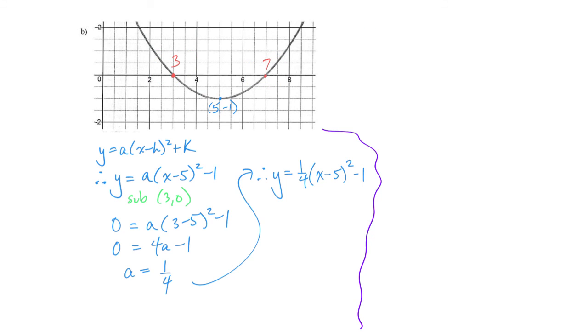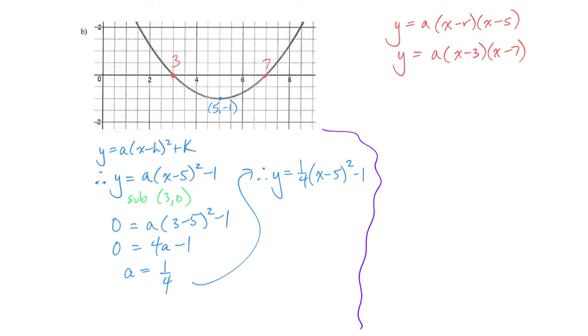Okay. What if we went the other direction? So I actually think it's just as easy to say, well, if I know both my x-intercepts, then what I'm going to do is I'm going to use factored form. Because what I can do is I can sub in my one intercept of 3 and my other intercept of 7 into the factors.